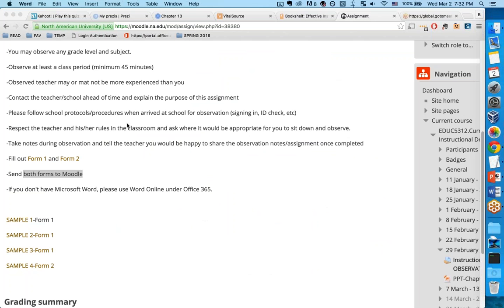But for my graduate students, again, most of them are already working in school setting, so they have access to different teachers, or they're teachers themselves. They can ask a colleague or teacher working in their school. So I assume that they will be able to find a teacher to observe.